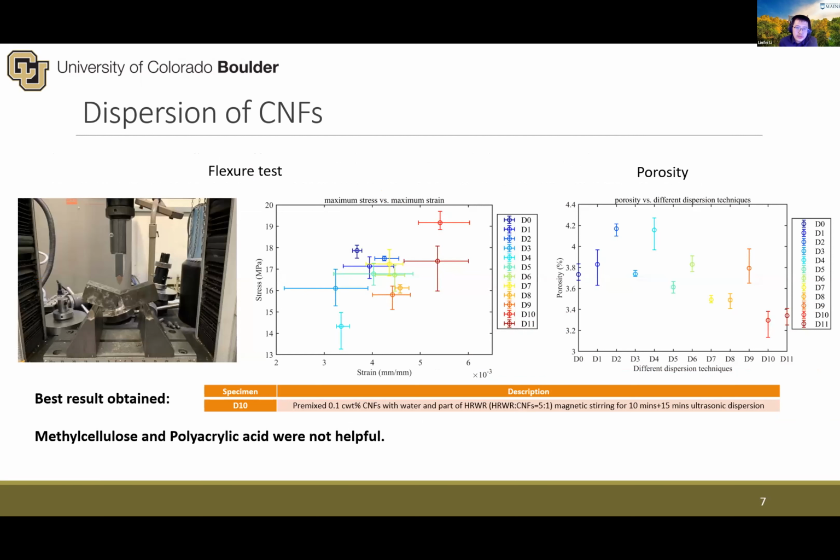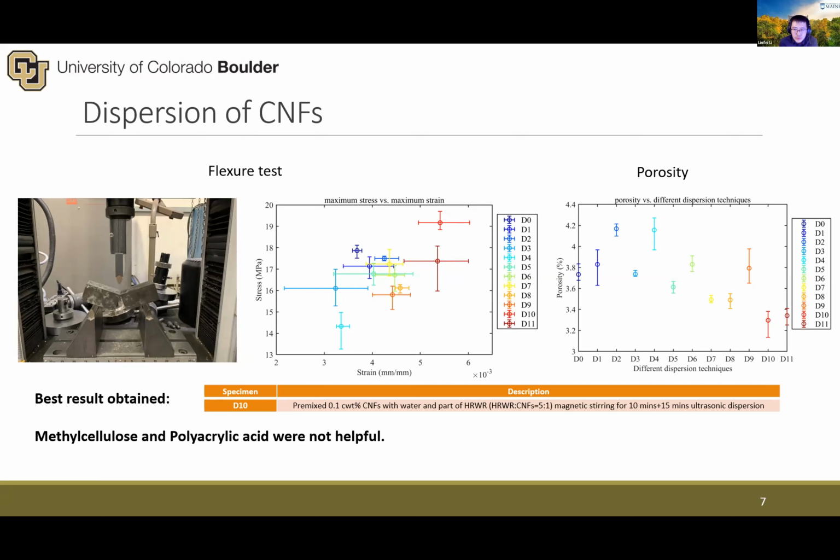We used the flexural test results and porosity measurement to evaluate how well the carbon nanofibers were dispersed. The flexural tests follow the ASTM standard C348. The porosity measurement basically shows how well the carbon nanofibers disperse and fill the porous media.